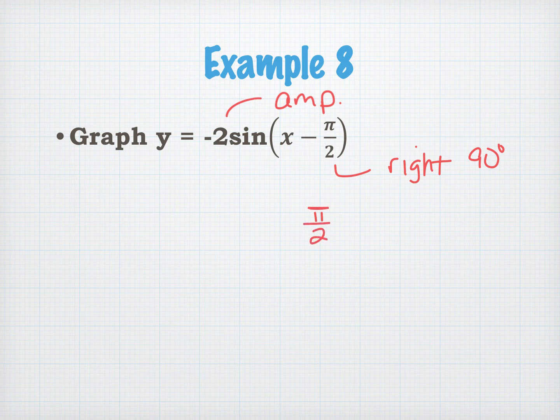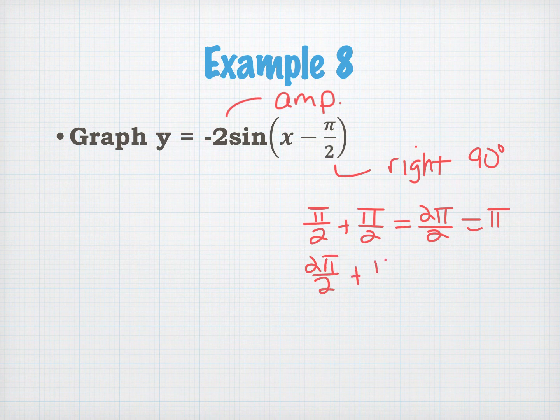And we're spacing it 90 degrees apart, so we're going to add pi over 2. I get 2 pi over 2, which equals pi. Then next, I need to do the same thing. I'm going to take the unsimplified 2 pi over 2, plus pi over 2, and I get 3 pi over 2.